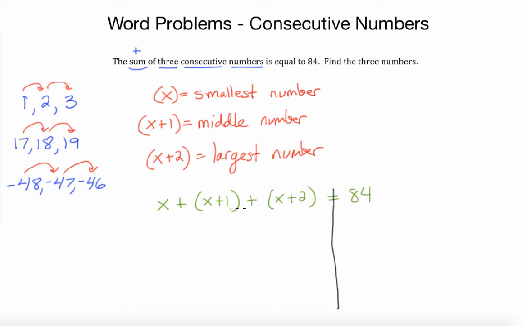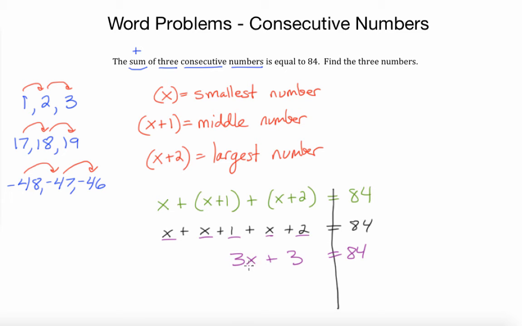Since there are plus signs in front of the parentheses, I can just take them right off. So this becomes x plus x plus 1 plus x plus 2 equals 84. I'm going to add together like terms, so I have 3x's all together, and in terms of constants, 1 plus 2 means I have 3x plus 3 equals 84.